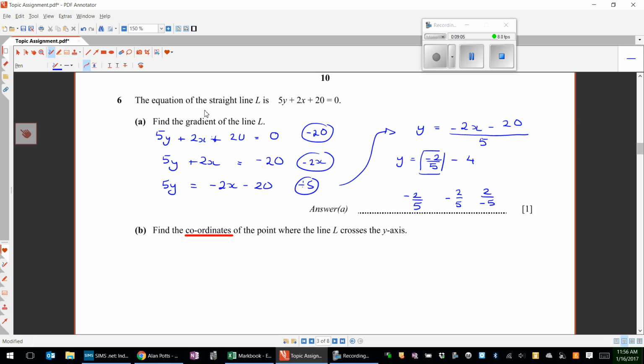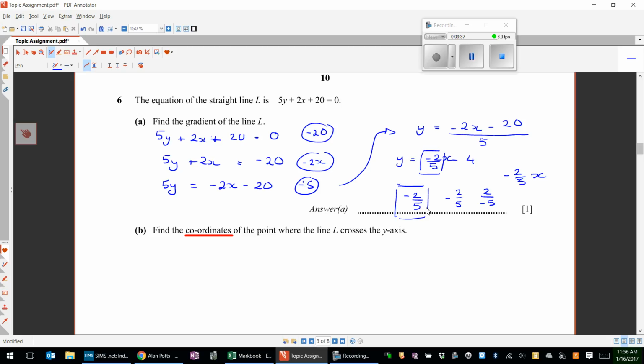Therefore, if you put the whole equation, you've not shown you know what the gradient is. If you've written minus 2 over 5x, you also don't really know what the gradient value is. You would lose that because it's only 1 mark. So it must be just the minus 2 over 5. Do you all understand why?